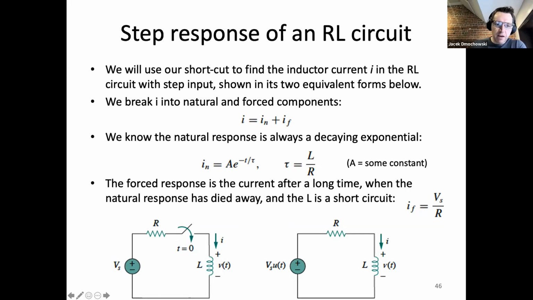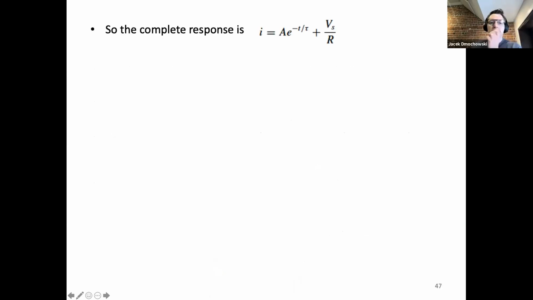Okay, so if you substitute this equation into here and this equation into here, then you get the following form. Again, this is the part of the solution that is always there, and this is the transient.